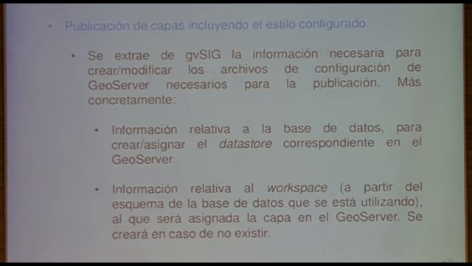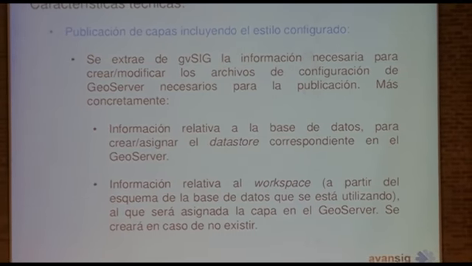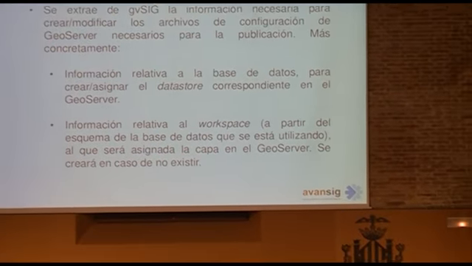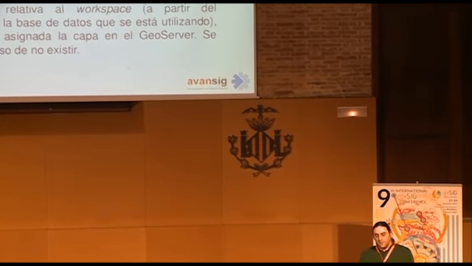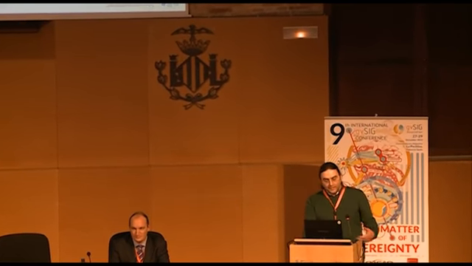The information related to the workspace is assigned to a layer in the GeoServer. We have decided that it will be based on the specific schema in the database which is being used. In this way, if we have published more than one layer, it will confirm that space, and if not, it will be created.